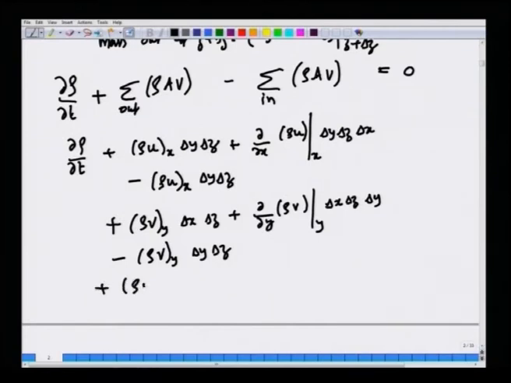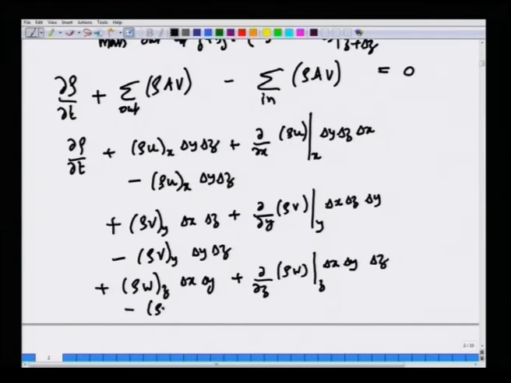Plus the z face: rho w at z times delta x delta y, plus d dz of rho w evaluated at z times delta x delta y times delta z, which comes from the Taylor expansion, minus rho w at z times delta x delta y, is equal to 0.